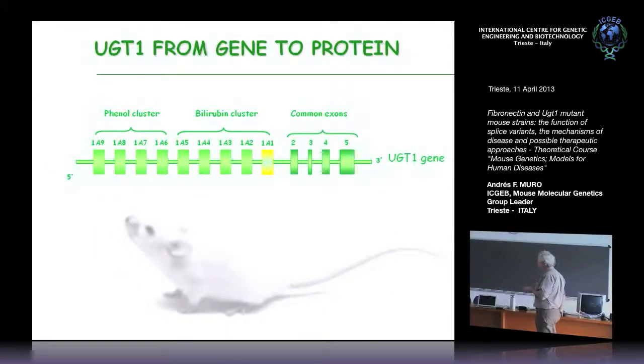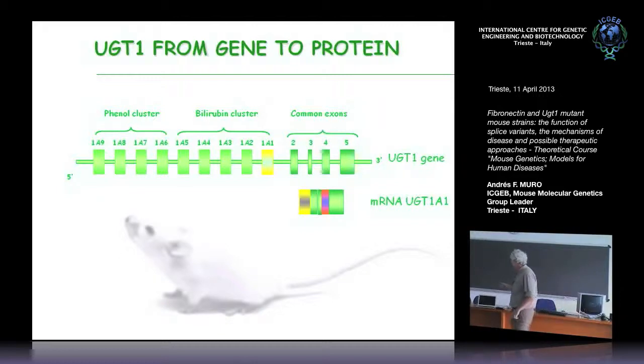This gene is part of a very complex cluster in which you have a common set of exons plus different first exons. Each first exon confers different specificity to the product.